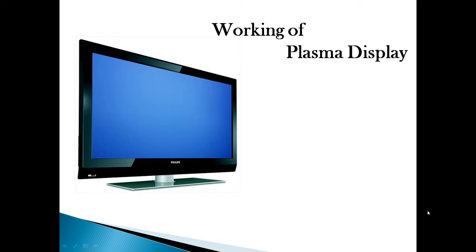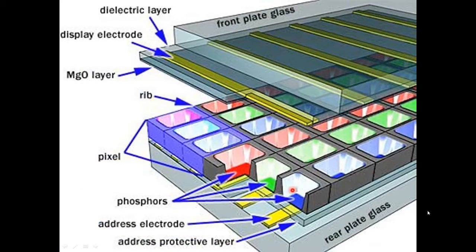Now let's see how the plasma display works. A typical plasma display consists of two glass plates, a front glass plate and a rear glass plate. These glass plates sandwich hundreds of thousands of tiny cells, which contain the inert gas mixture. A set of vertical and horizontal electrodes placed on two sides of the cells form a crate type structure.